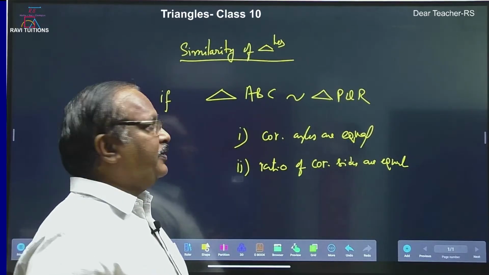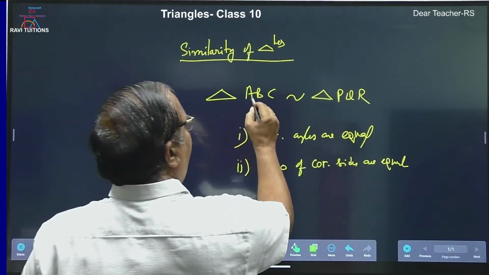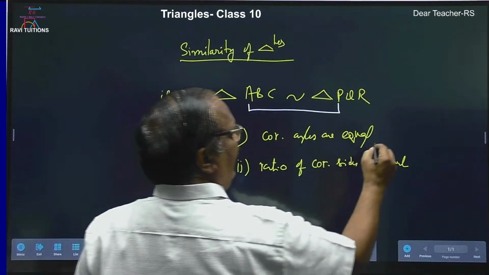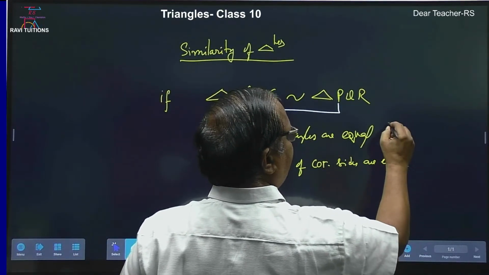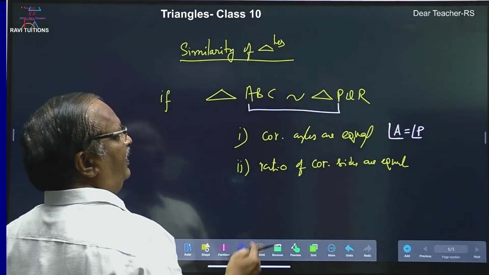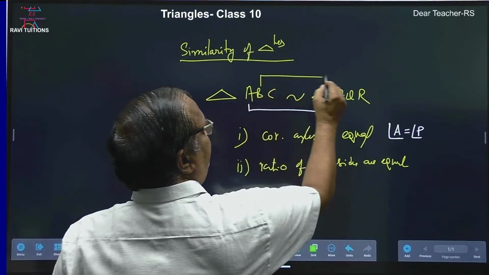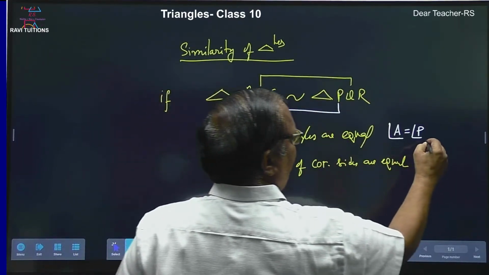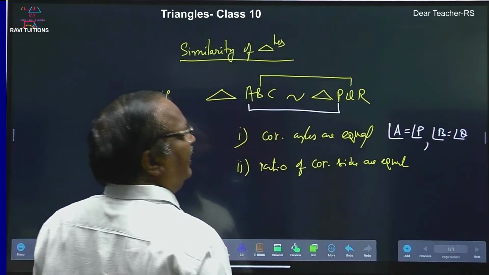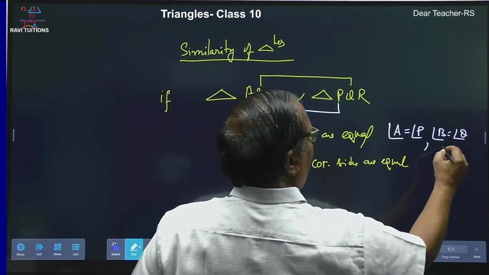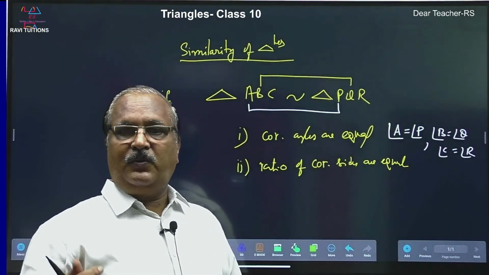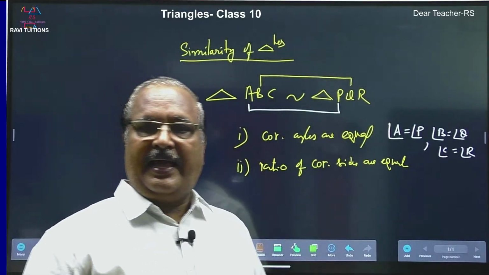A corresponds to P, therefore angle A is equal to angle P. B corresponds to Q, therefore angle B is equal to angle Q. And the third angle, angle C is equal to angle R. So this is how corresponding angles will come.